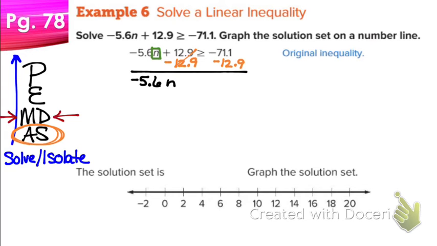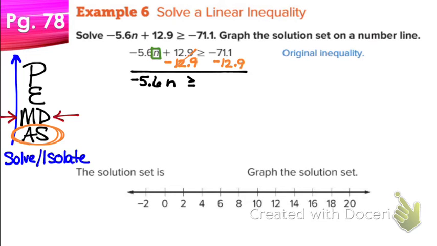Does anything happen to my inequality? By adding or subtracting things, will my inequality flip? Nope. If I do it to both sides, my inequality stays the same. So this is going to stay greater than or equal to. What do I get when I combine these two together, though?